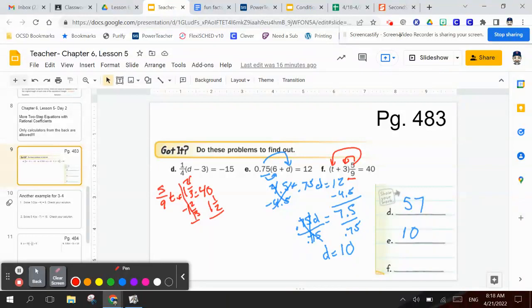1 2/3 minus 1 2/3 is 0. I'm left with 5/9 t equals 38, sorry, that's 2/3. 38 1/3.